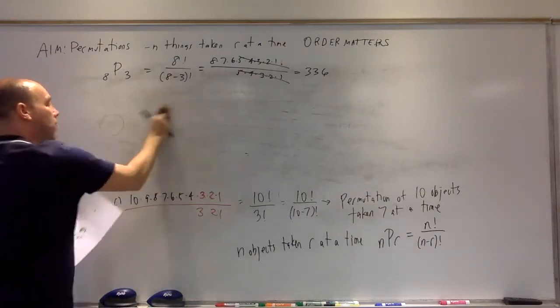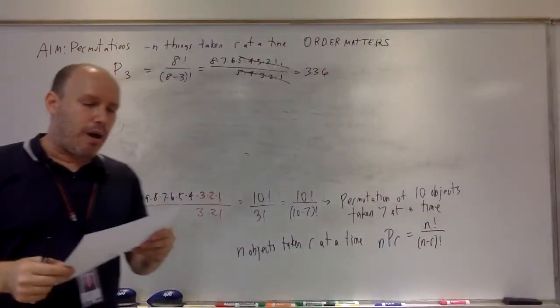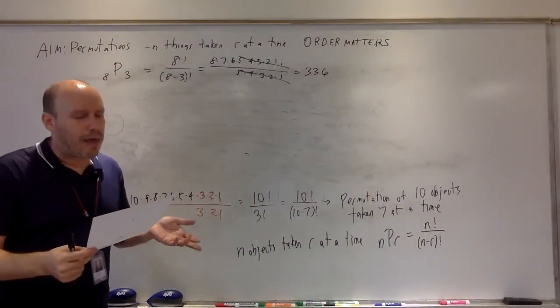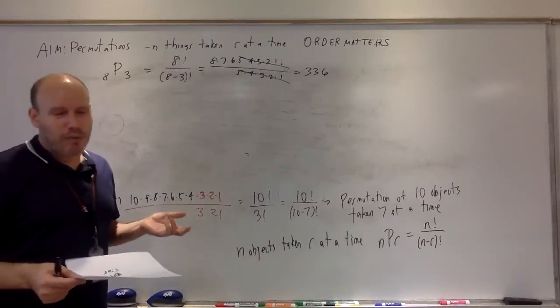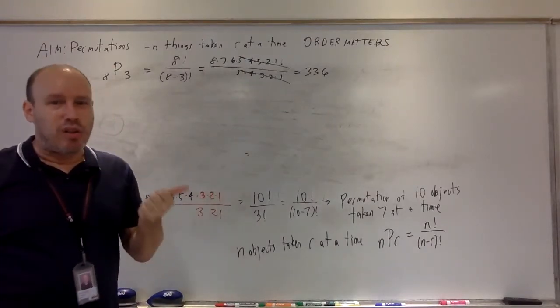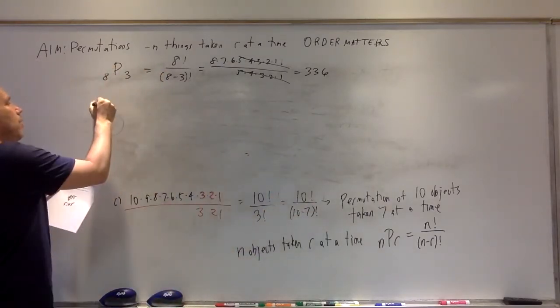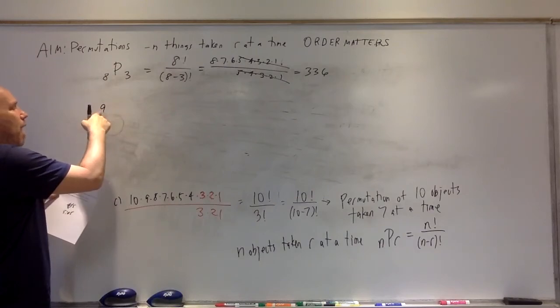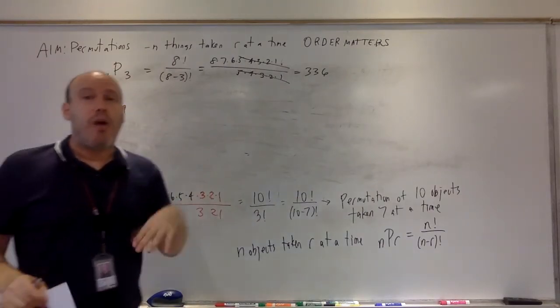The next one is how many 9-letter... actually, you know what? Let's change this. How many 9-letter words can be formed by using the letters in the word facetious? The reason I like the word facetious is that there's no repetition and it has all the vowels. Well, let's see. We have 9 objects taken 9 at a time, and because they're words, order matters.